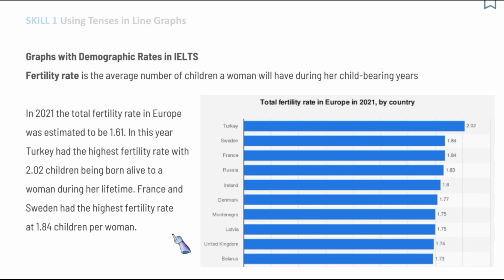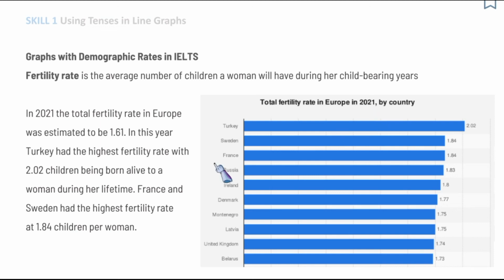Next is fertility rate. It is actually very similar to birth rate, but technically it means the average number of children that a woman will have or can have during her childbearing years. This visual over here, a bar graph, is about total fertility rate in Europe in 2021.